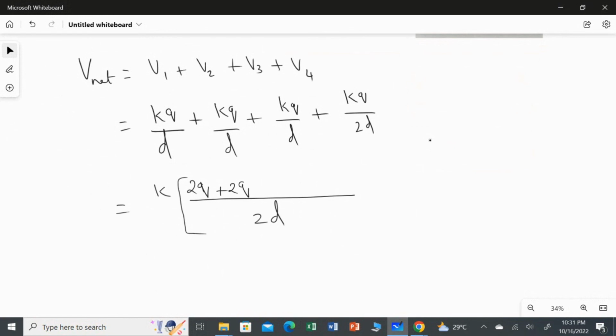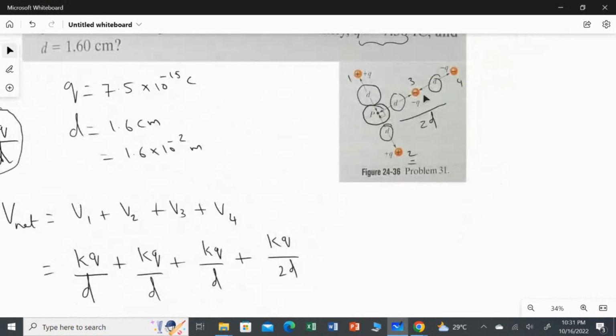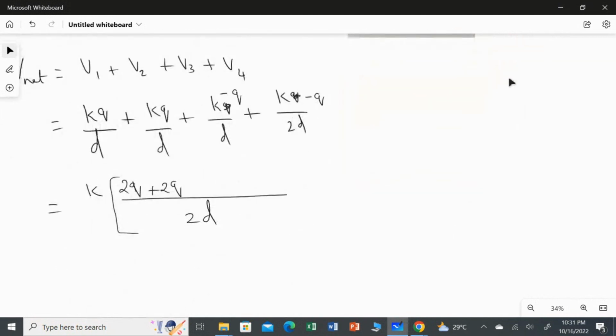And here, what is the potential? Okay, here I forgot. What is the charge here? We have a negative charge, am I right? So this one is negative Q, and also this one is negative Q. Clear? So here we got minus 2Q, and here we'll get only minus Q. Why? Because here we have 2D already. So plus 2Q minus 2Q get cancelled, and if you simplify this, you will get only Q.